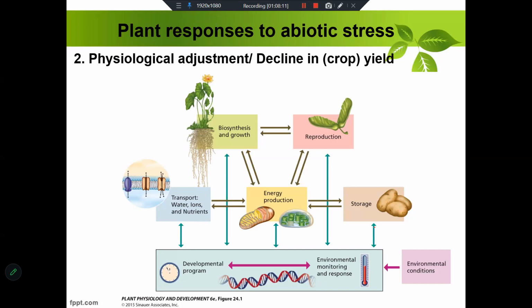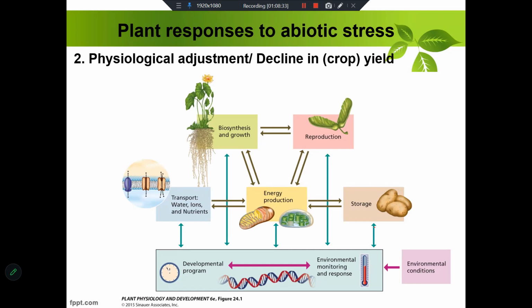And also the plants have their own growth and development program. So plants know when they want to absorb water, when they want to synthesize food, when they have to grow, when they have to reproduce, when they have to store their food.